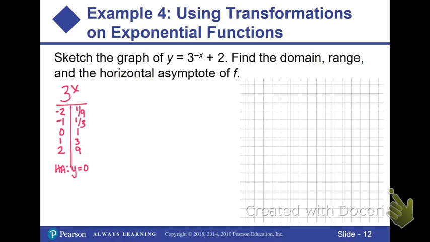So now this one here has a couple things happening. First thing that I notice is that, I'm going to rewrite it down here, we have y equals 3 to the negative x plus 2. That negative x, remember, it's going to be a reflection across the y-axis.